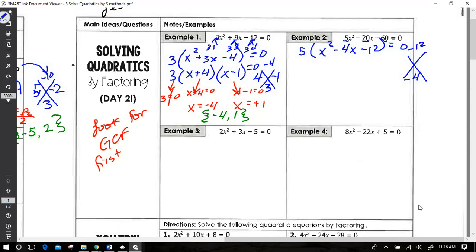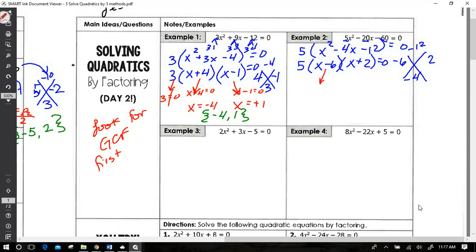Let's see, 6 and 2 is 12. Okay, and if I do 2 minus 6, I can get to the negative 4. So I have x minus 6, x plus 2. Now I'm ready to find my solutions.